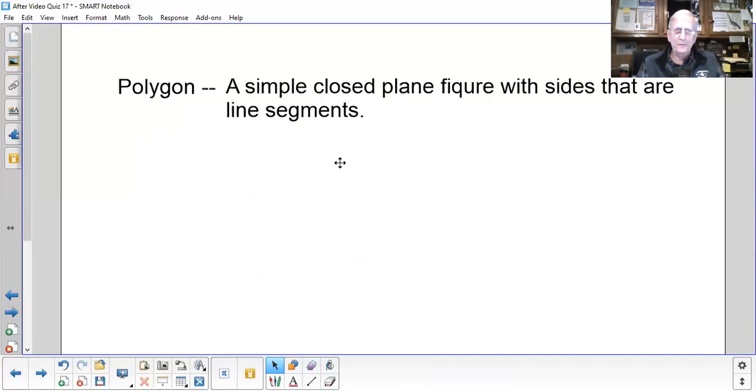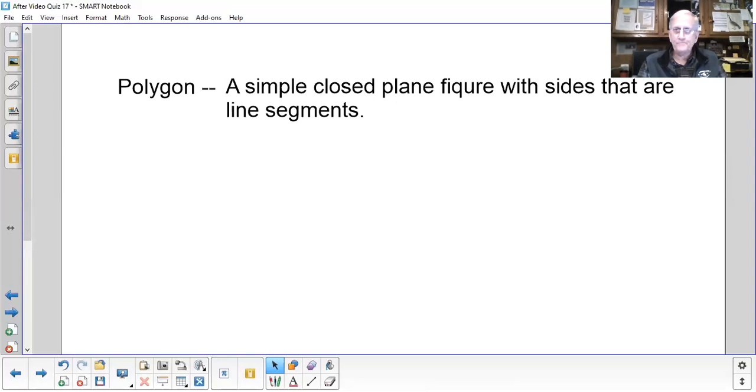It is a simple closed plane figure with sides that are line segments, okay? So there is the best definition I can think of for a polygon. If you want to write that down, you may do that. If you're taking notes, you might want to write that down because we're going to talk a lot about polygons over the next few days.